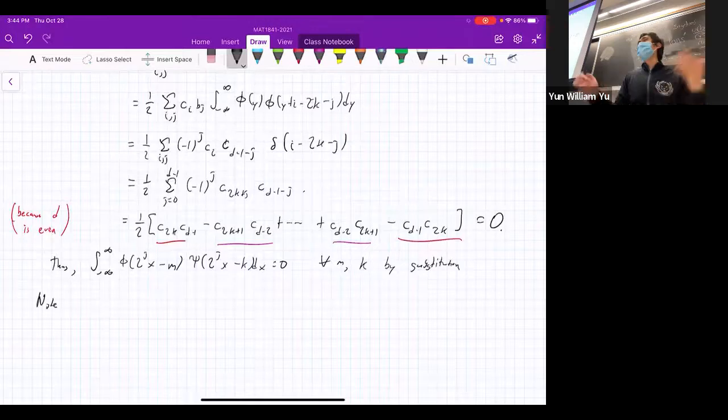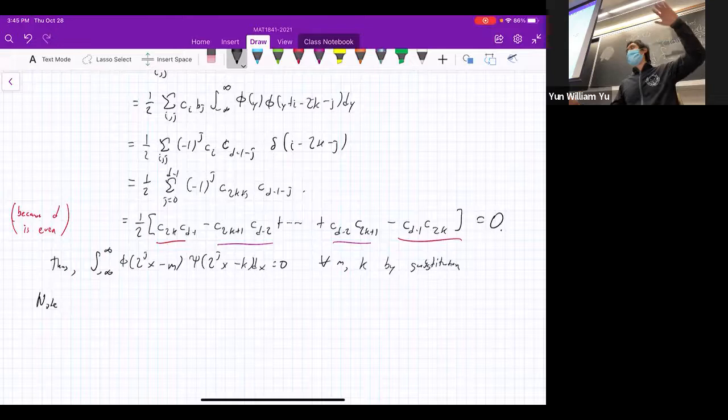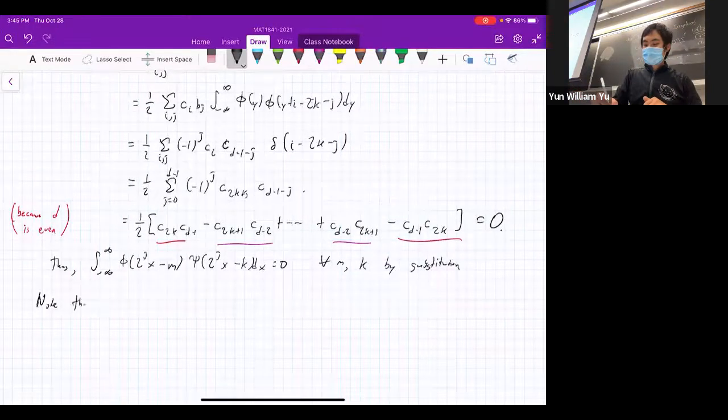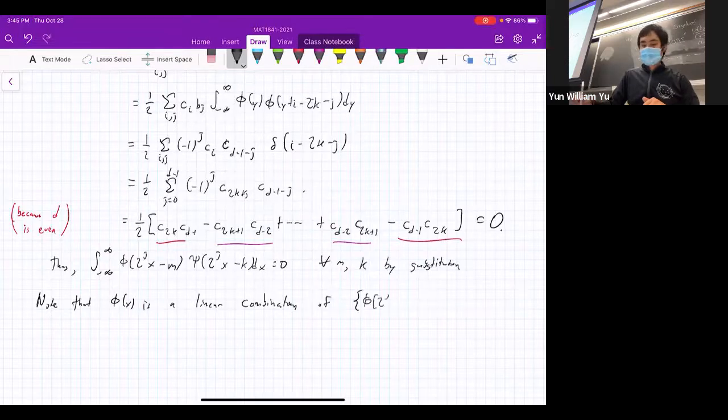But of course, the whole point of building up these wavelet bases was that at each level, they're composed of some linear combination of the level below them. So note that phi(x) is a linear combination of phi(2^j x - m) over m.